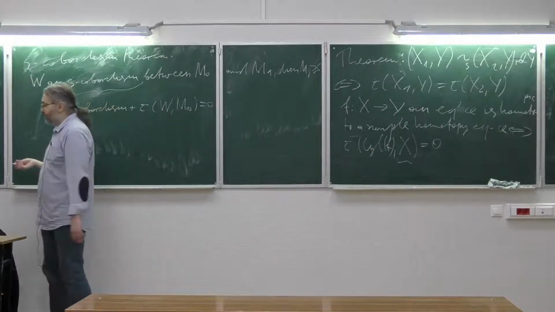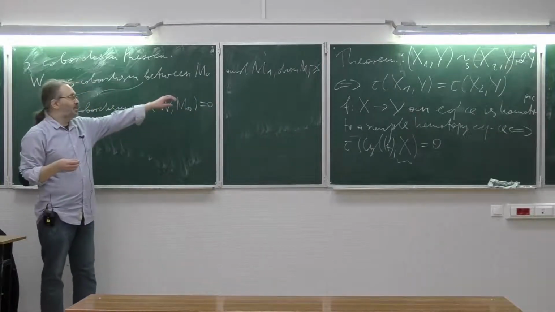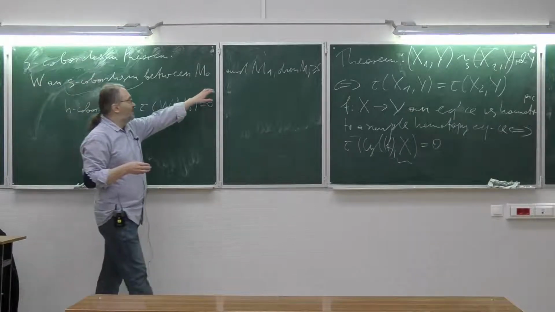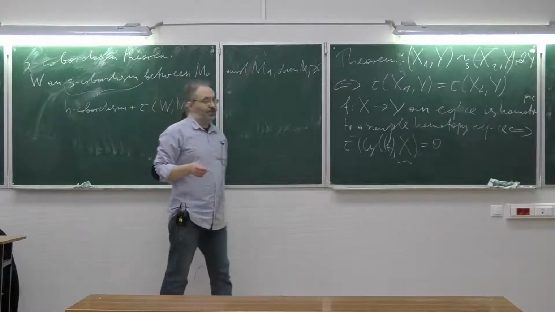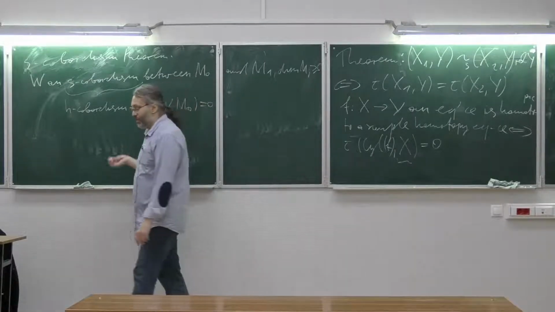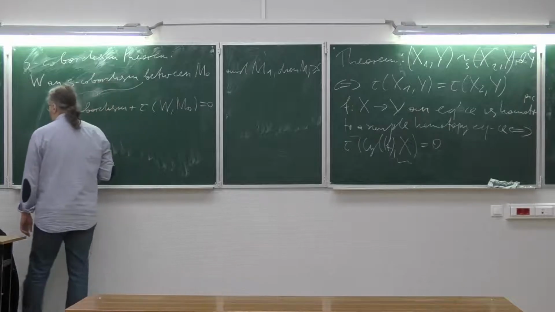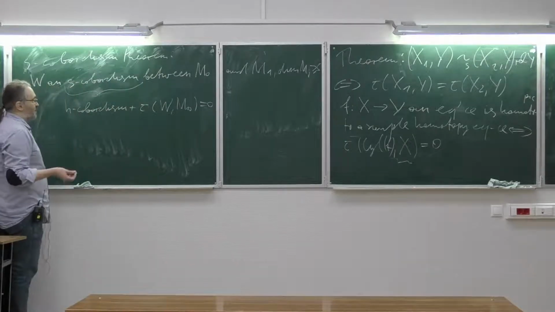Now let's assume that the manifolds have a dimension which is sufficiently high, greater than or equal to 5. Same as for H-cobordism.